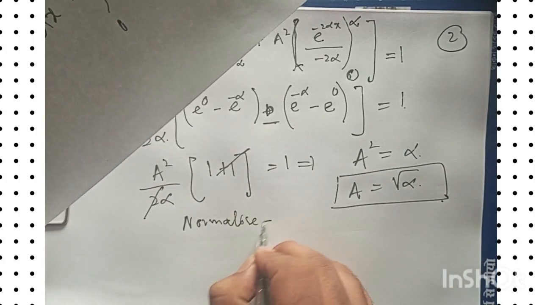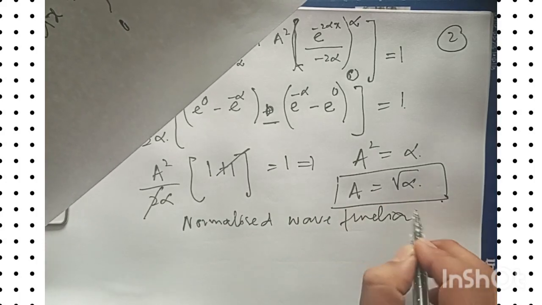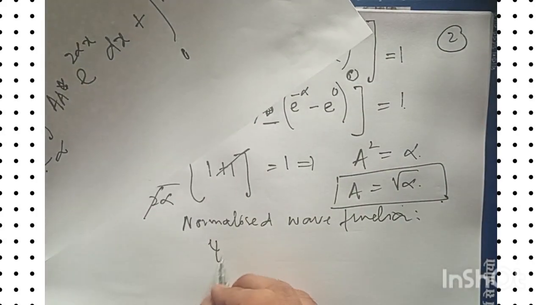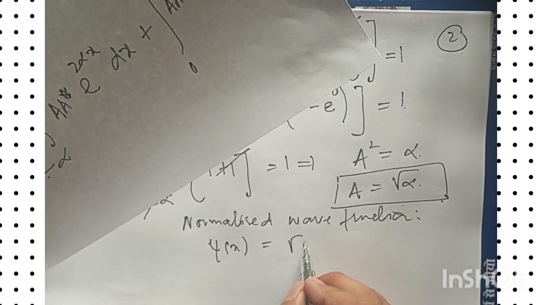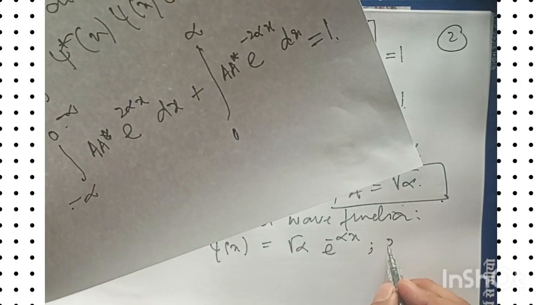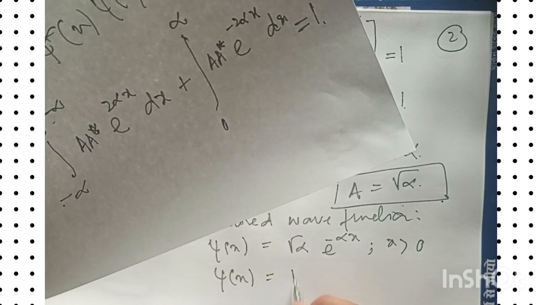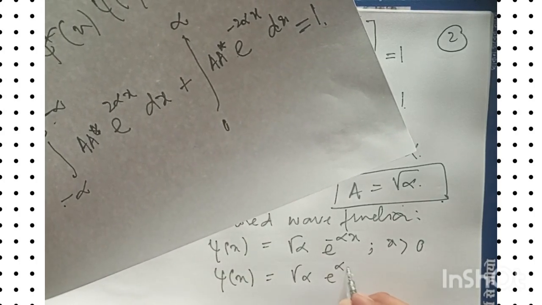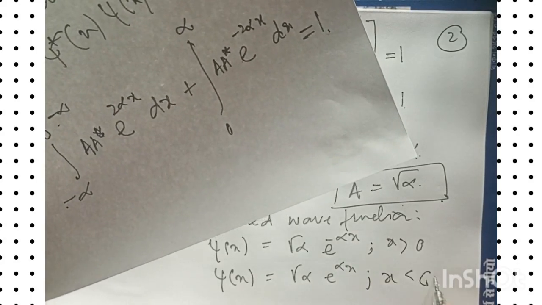Psi of x will be the square root of alpha e to the power of minus alpha x for x greater than 0, and psi of x will be the square root of alpha e to the power of alpha x for x less than 0.